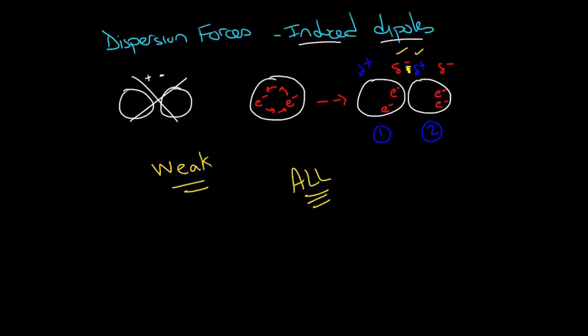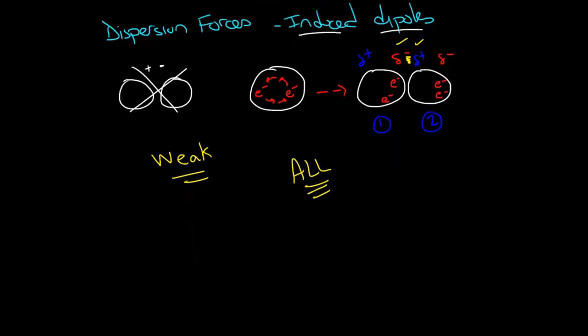And in some cases, these dispersion forces can actually get pretty strong. For example, iodine, the compound I2, under normal conditions exists as a solid. Whereas fluorine, a molecule that's really related to it, exists as a gas, and bromine exists as a liquid.